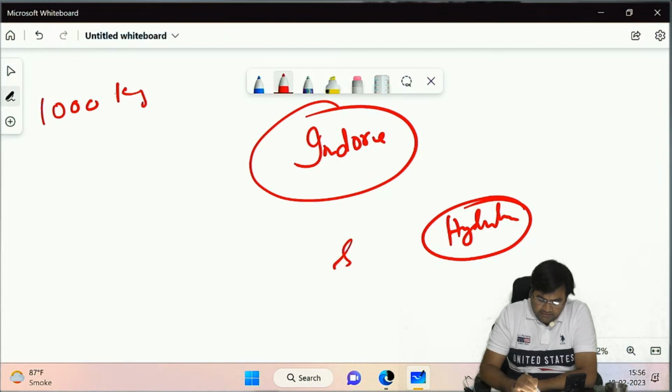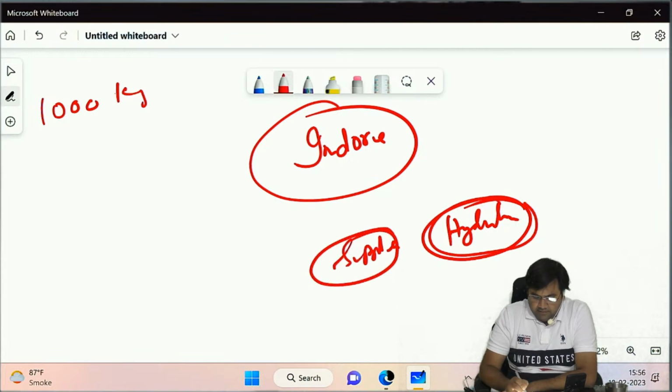In Hyderabad there is one supplier. Now you can request the Hyderabad supplier to deliver this material to your Indore factory. So the movement is going to be started by the Hyderabad supplier. He is saying, okay, I am going to supply, but I am going to charge you transportation, packing, etc.